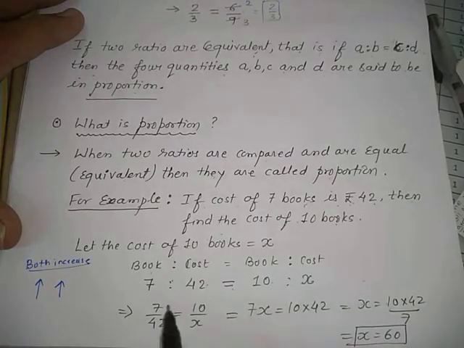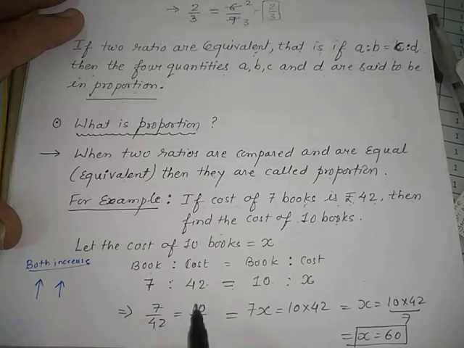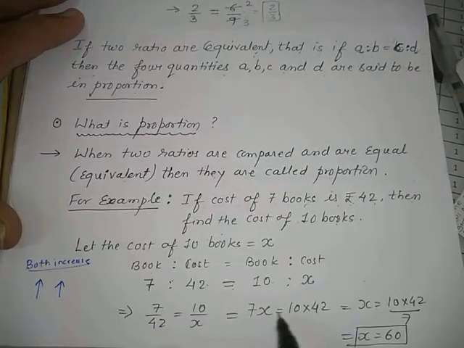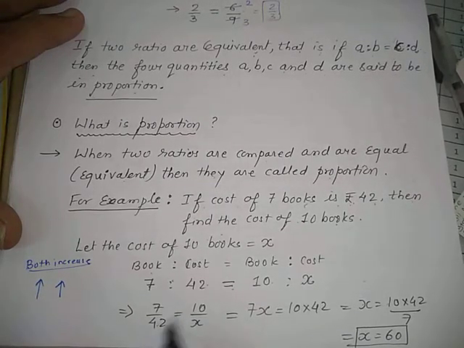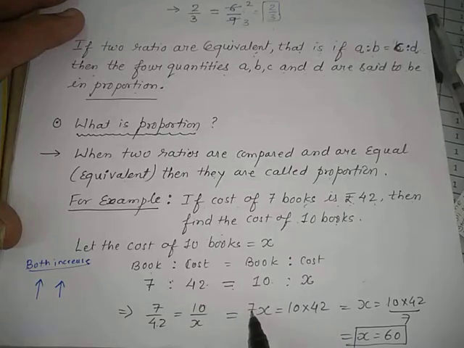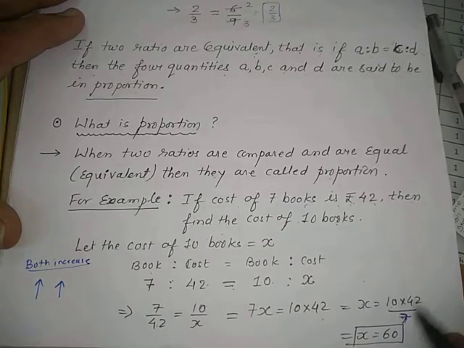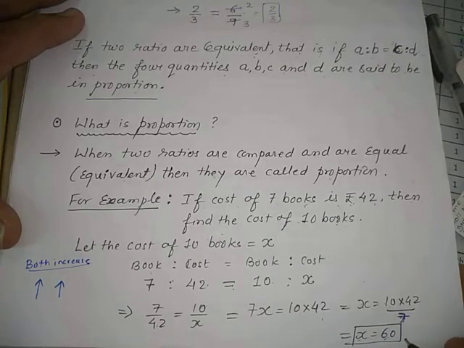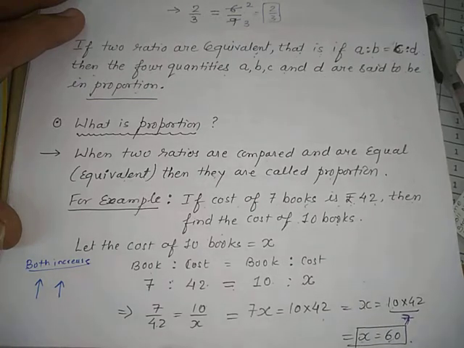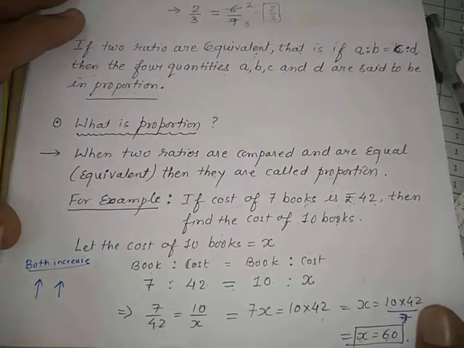So 7 by 42 is equal to 10 by x, cross multiply, so 7x is 42 into 10, and dividing by 7, x is equal to 10 into 42 by 7. 7 sixes are 42, so 10 books cost 60 rupees. Okay, this is one of the proportions.